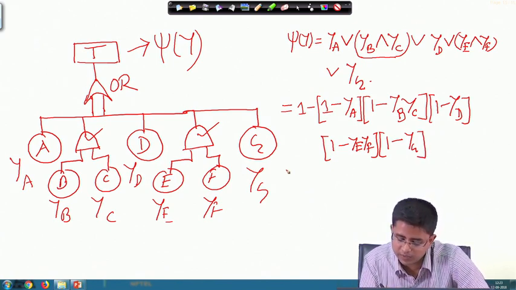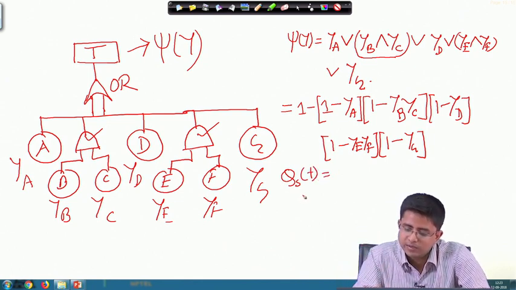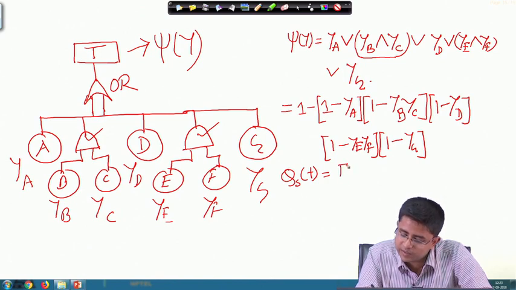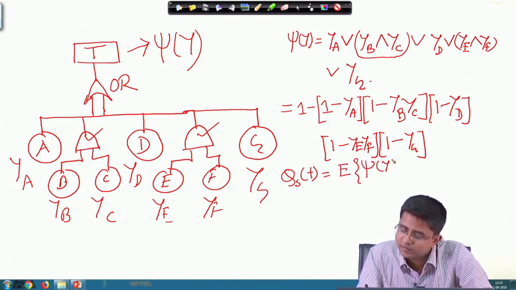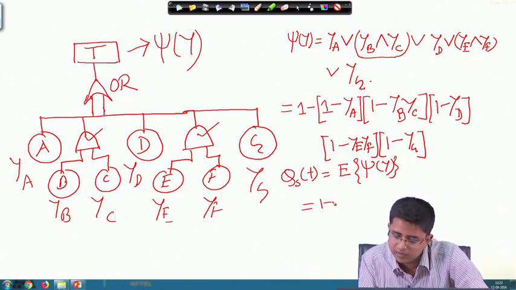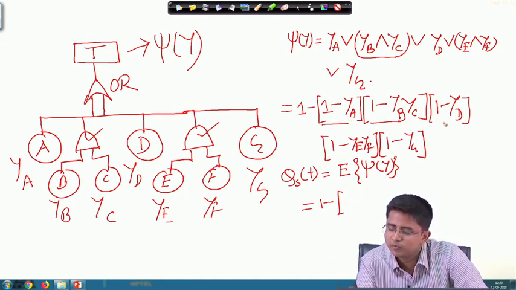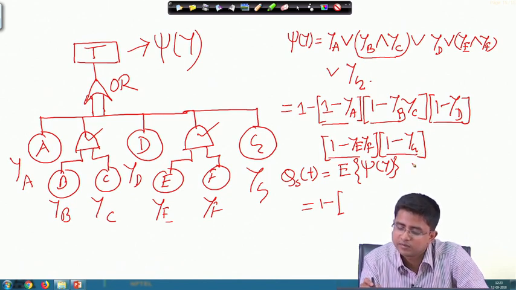So, now we want to calculate the unavailability. We know that unavailability is nothing but the expected value of the structure function. Using this formula we can write 1 minus, as all those inputs are independent in nature, since all the events appear only once, not twice.